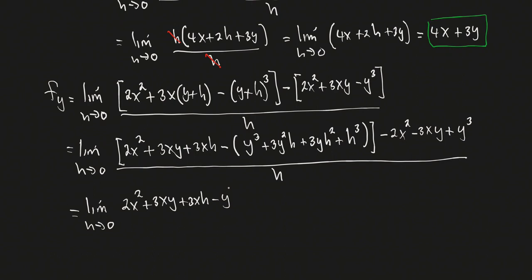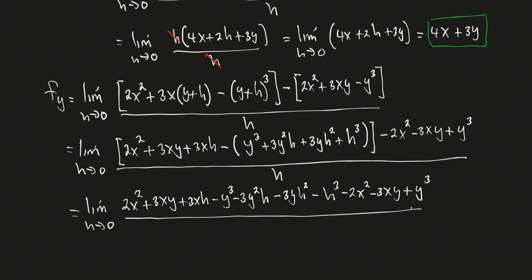So minus y cubed minus 3y squared h minus 3yh squared, again all these terms are going to have a negative coefficient, and then a negative h cubed, and then just bring down these three remaining terms. So minus 2x squared minus 3xy, and then plus y cubed, all over h.